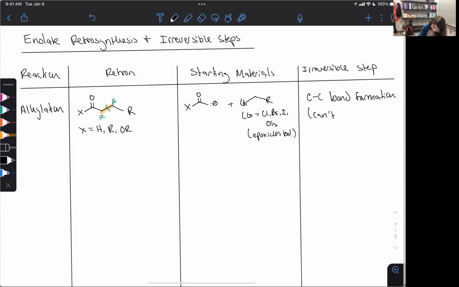We can't go back to the alkyl halide or the epoxide. It would be very, very difficult to do that. This is very similar to the Grignard reactions, where once you add that, you form that carbon-carbon bond, you're done. You can't really go backwards. Okay, so that's our alkylation.